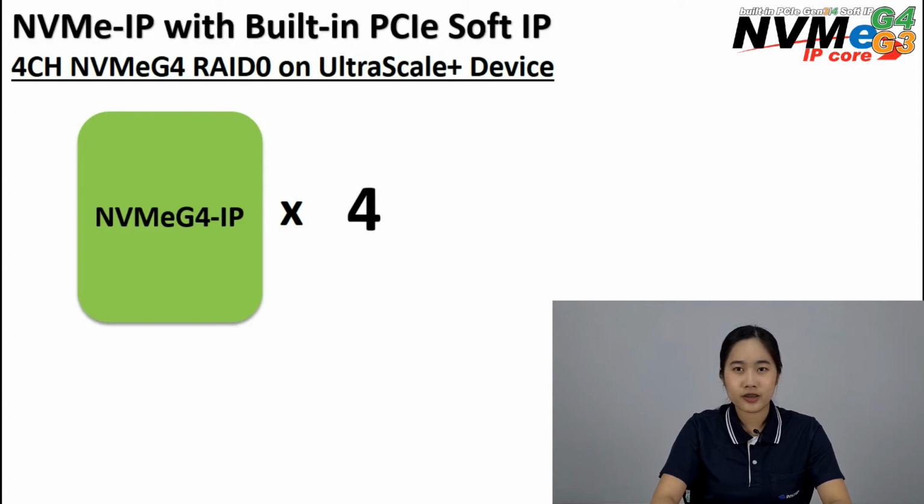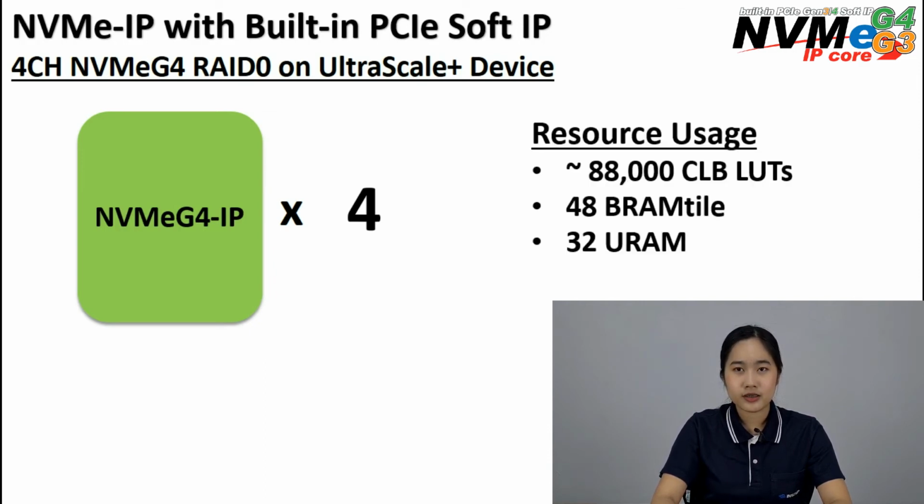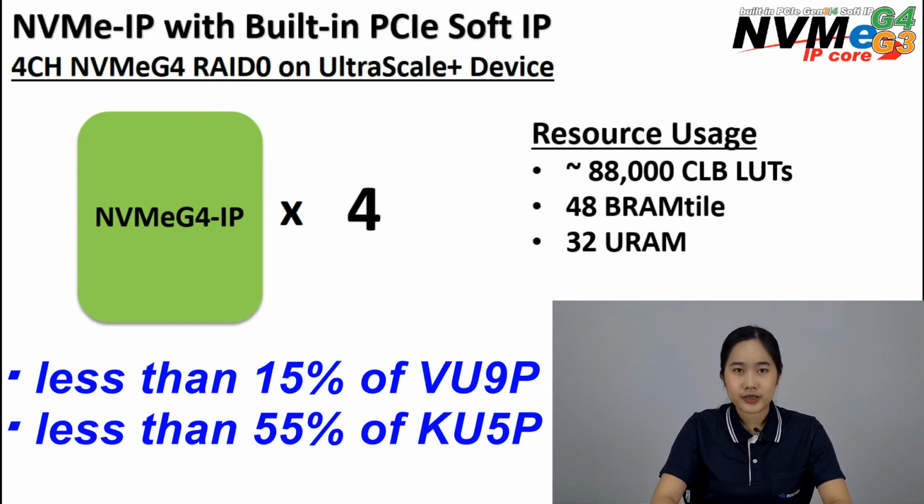You can calculate the number of resources as one NVMe IP resource multiplied by 4. So, 88,000 CLB LUT, 48 block RAM tile, and 32 Ultra RAM are used, which means less than 15% of total VU9P device resource is used, or less than 55% of total KU5P device resource.